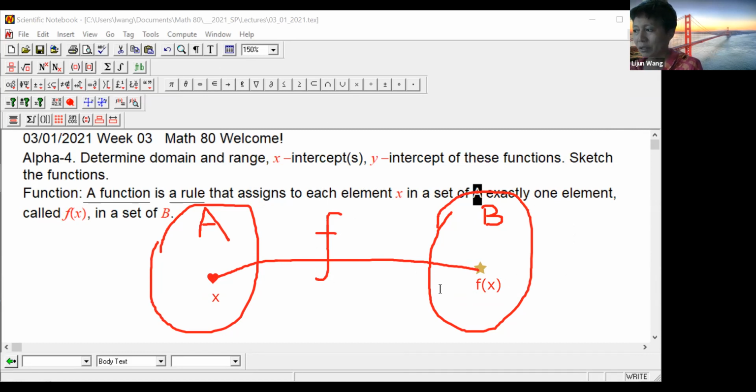And we have to guarantee there's exactly one element. What does it mean, exactly one? Could you guys tell me, what does it mean exactly one?